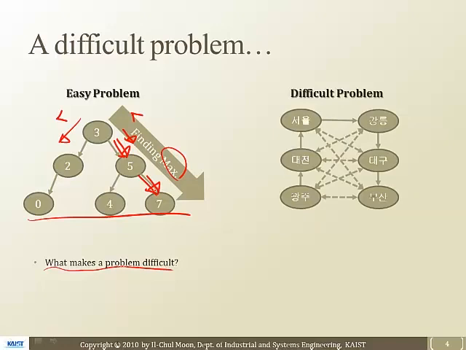For example, a more difficult problem is like this. Let's imagine that we are traveling and we have to visit these six cities. Let's imagine this is Seoul, and this is Daejeon, right? And this is Gwangju, and this is Busan, and this is Daegu, and this is Gangneung, right?